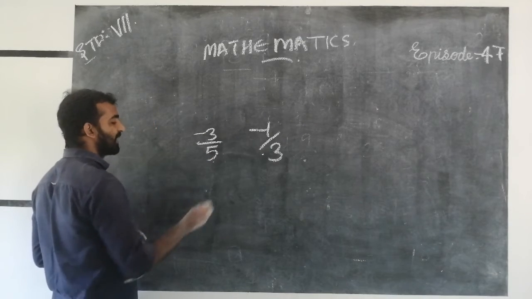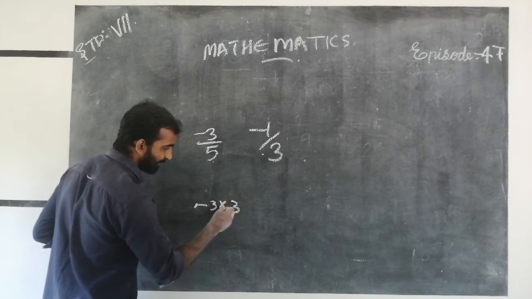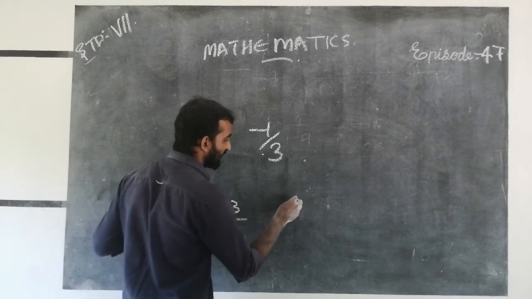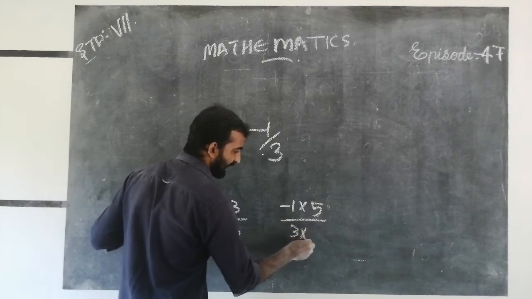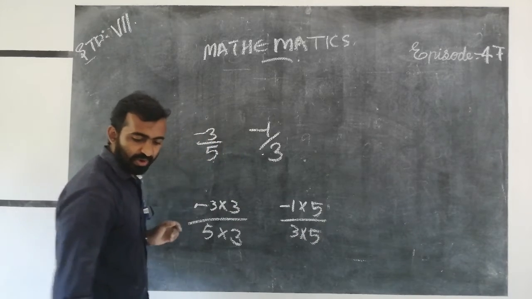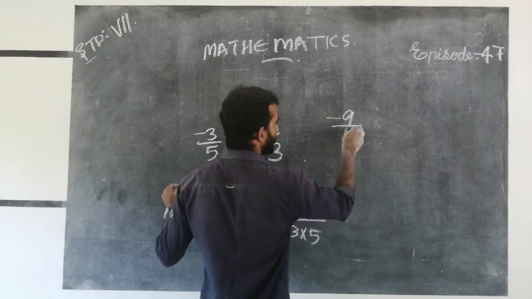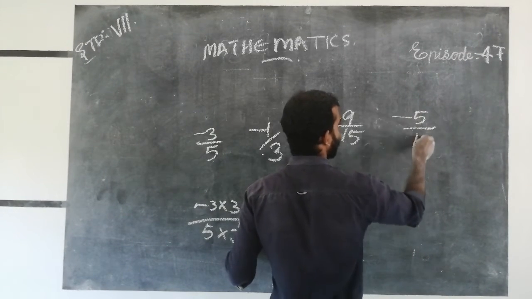The LCM of 5 and 3 is 15. So negative 3 into 3 by 5 into 3, and negative 1 into 5 by 3 into 5. Then what do we get? We get negative 9 by 15 and negative 5 by 15.